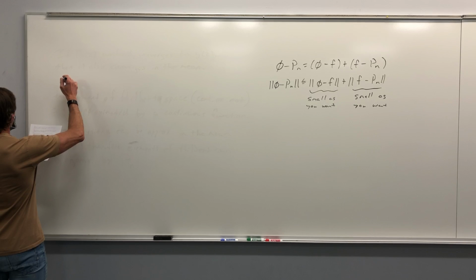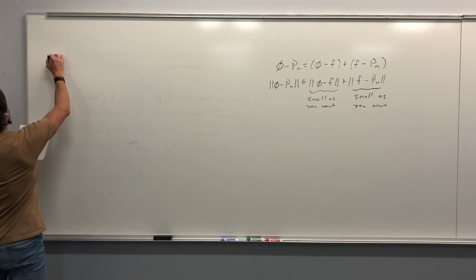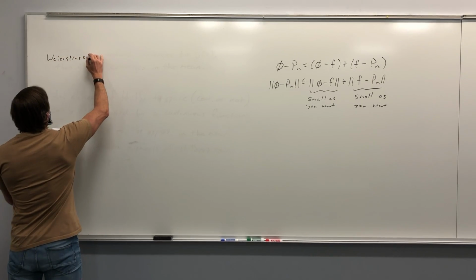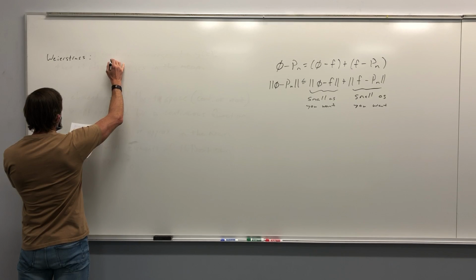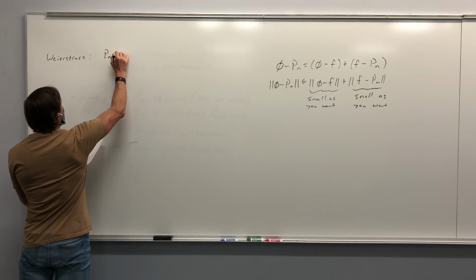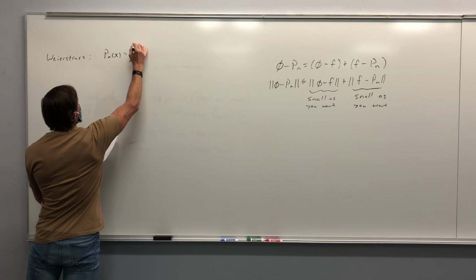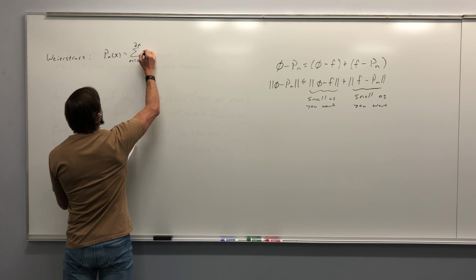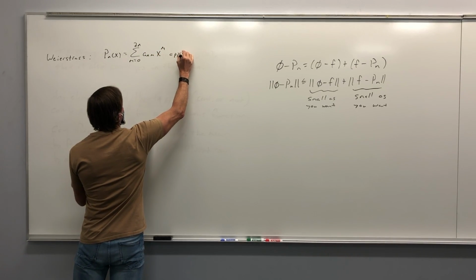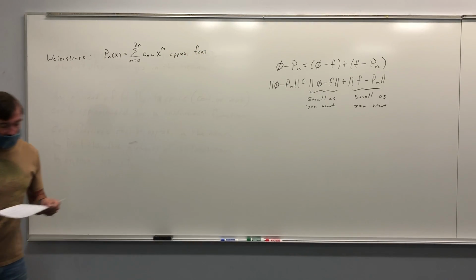Okay, so due to Weierstrass, we know that a function f can be approximated uniformly by the sequence P_n of x equals the sum from m equals 0 to n of a_nm x^m. And this will approximate a function f(x), for example.